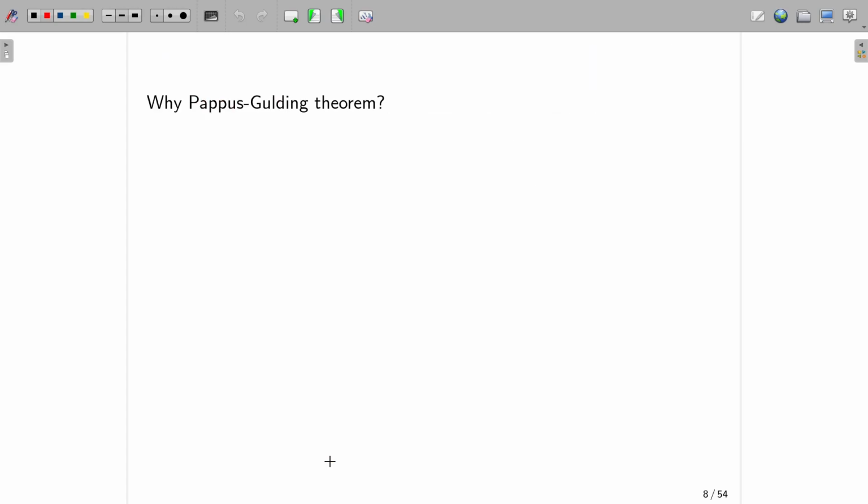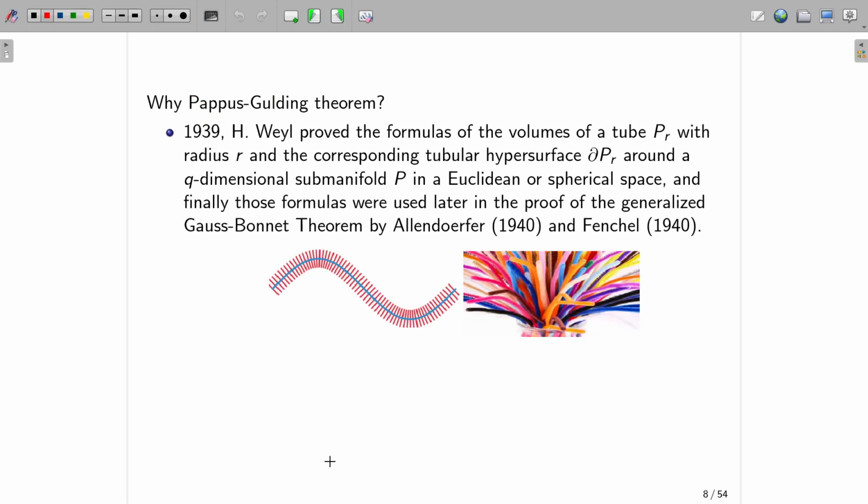My first question is about the motivation: why Pappus-Guldin theory? Actually, Hermann Weyl proved the famous formulas for the volumes of the tube, P_r, meaning the tube with radius r, and the corresponding tubular neighborhood hypersurfaces, the boundary around a q-dimensional submanifold P in a Euclidean or spherical space.